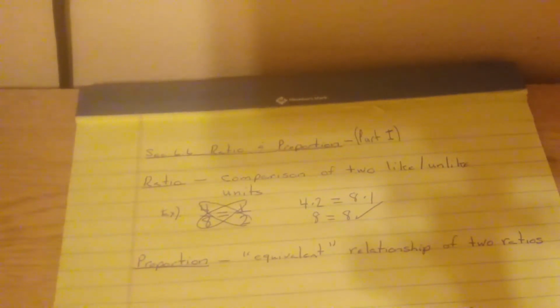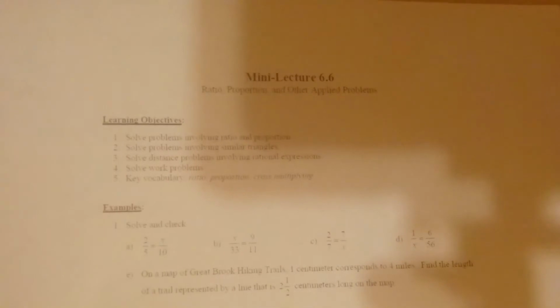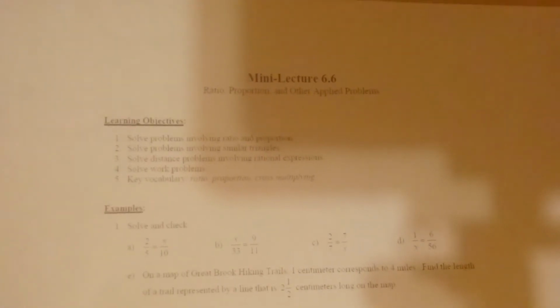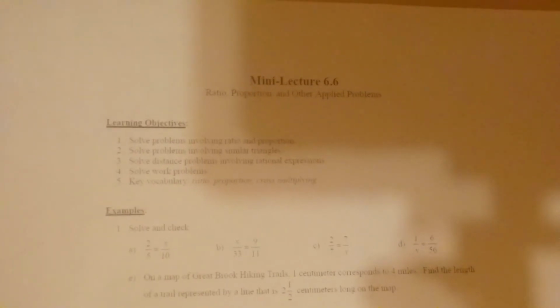If you take a look at part 1 of worksheet 6.6, if you don't have it, make sure you print that out. So what you have there is a couple of proportions they want you to solve. Notice that you have either a missing numerator or a denominator. It just depends on what you're dealing with, but it's the same idea.